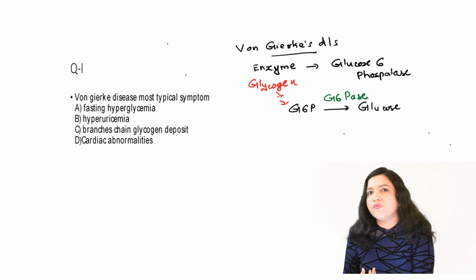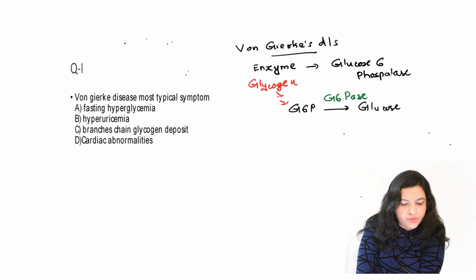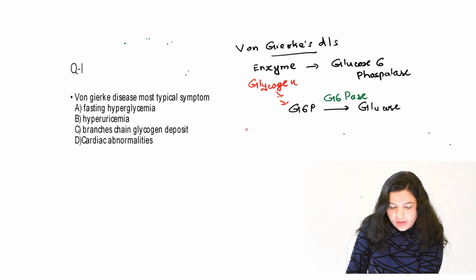Then is there any other role for glucose 6-phosphatase? Yes, you can see that in the pathway of gluconeogenesis, I am just writing here pyruvate. You know, it's a substrate, the pyruvate, or lactate.